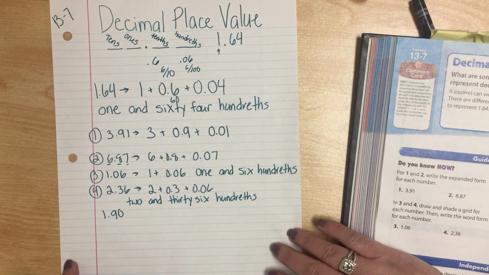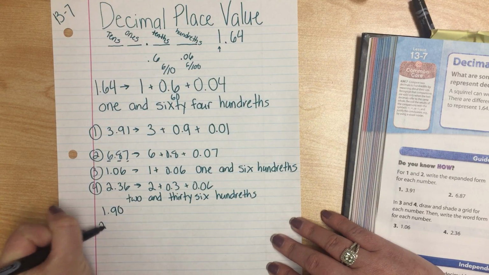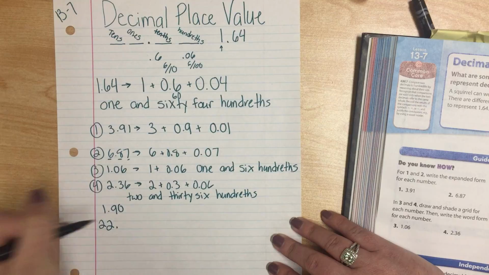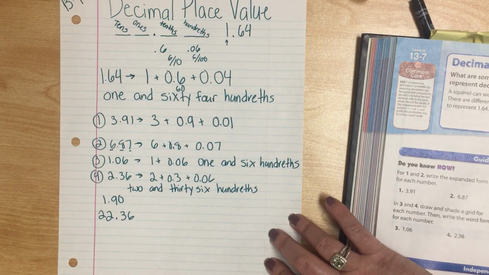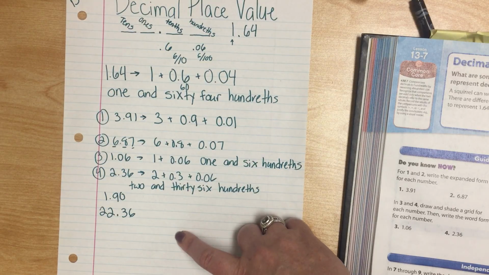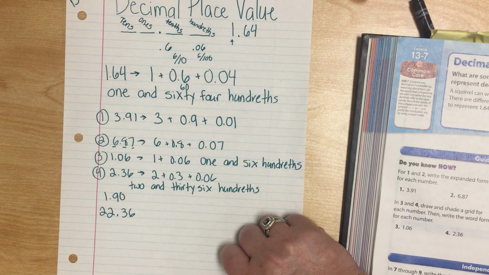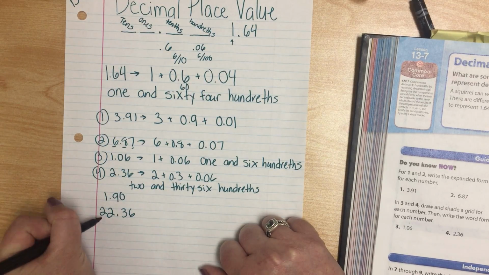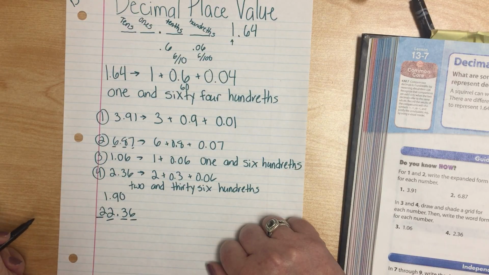Later on, when you're working on it, you might come across something that looks more like this. Let's say 22.36. If I were to write that in an expanded form, how would I do it? 20 plus 2 plus 0.3 plus 0.06.